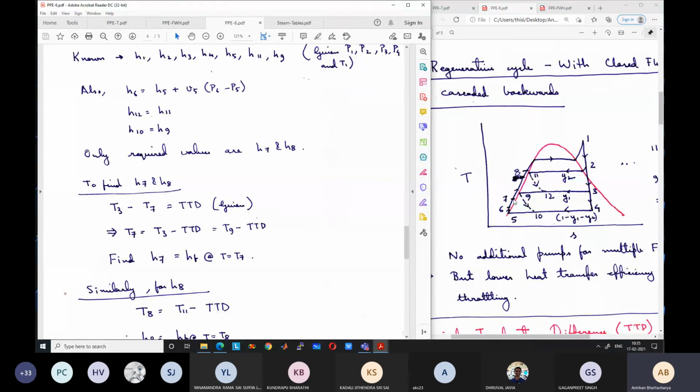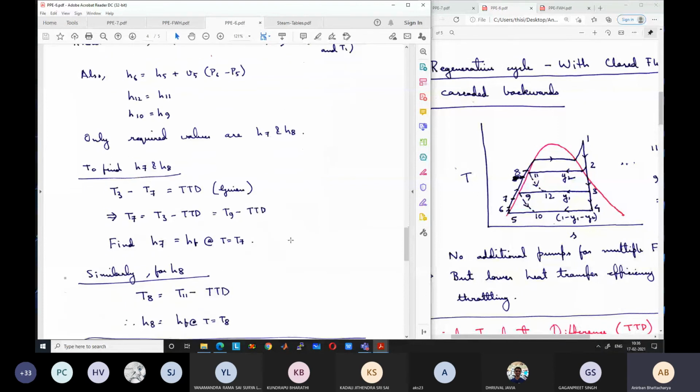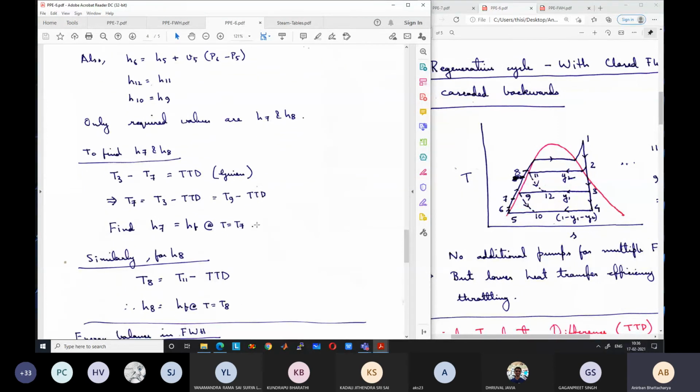Then T9 minus T7 is equal to 5 degrees, or T7 is equal to T9 minus TTD. I wrote T3 because T3 is equal to T9, but ultimately the definition is T7 equal to T9 minus TTD. So if the terminal temperature difference is given, you will find T7.